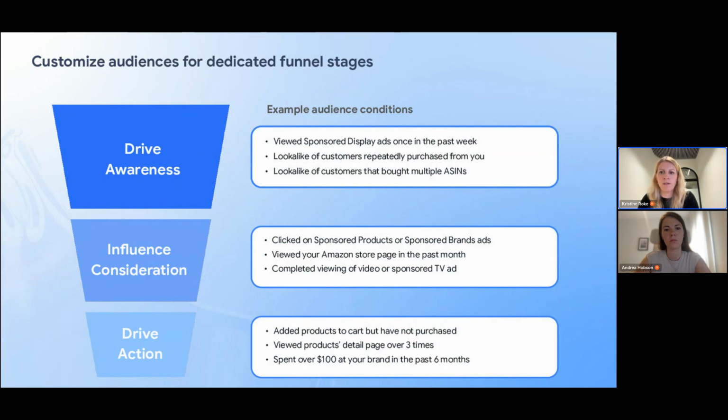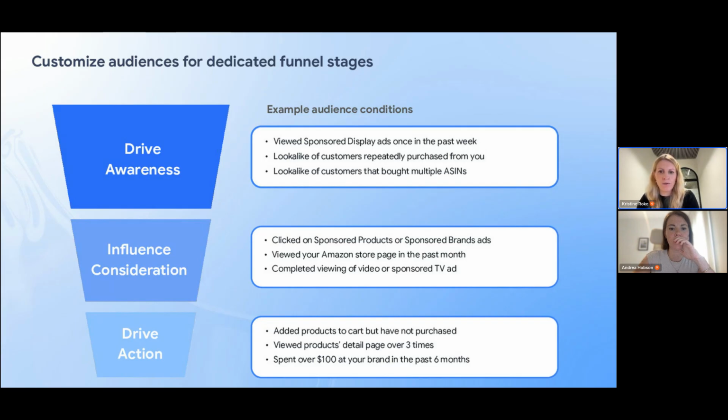For example, awareness, consideration, and the action, the real purchase. So here AMC gives us the ability to build audiences with precision at every stage of the funnel. And we can create, for example, audiences to drive awareness, users who viewed a display ad but did not purchase, or audiences in the consideration stage, people who clicked on sponsored products or watched a video ad.